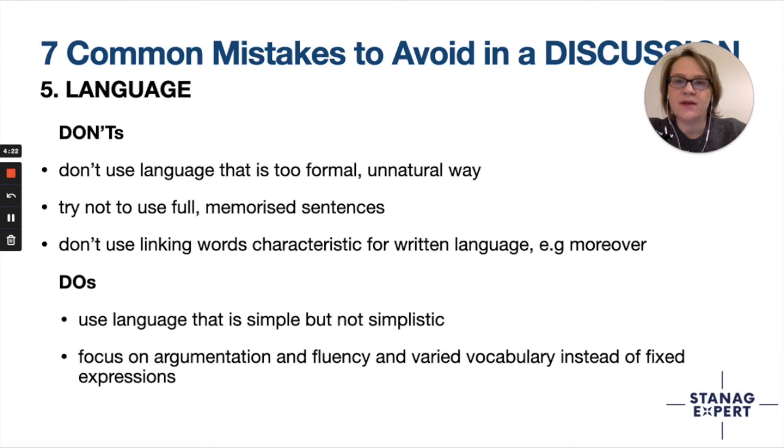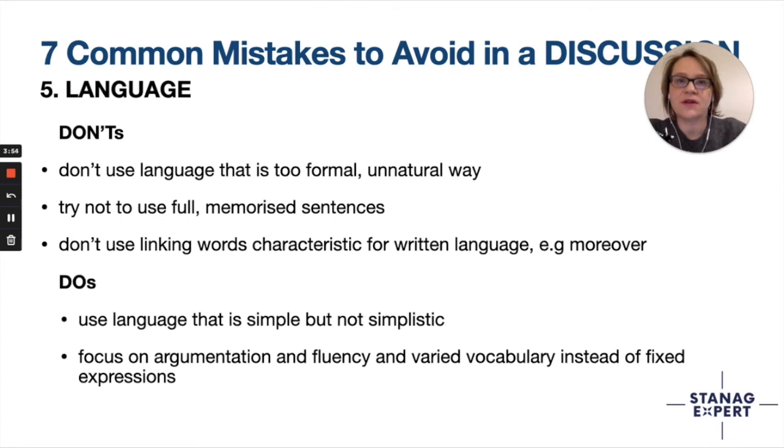The fifth factor that is important and which often causes problems is language. Don't use language that is too formal and unnatural. Try to make a conversation of this task. As already mentioned, it's not a monologue, it's not a lecture, so try not to use full, memorized sentences.